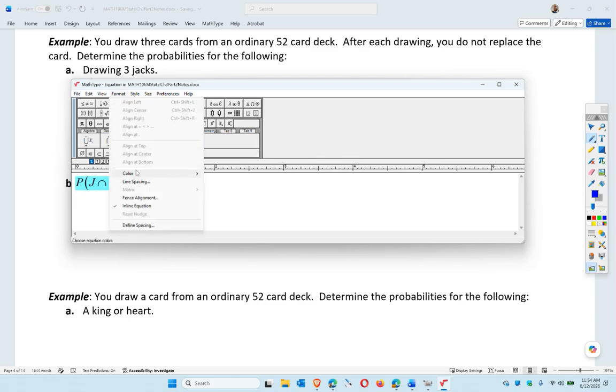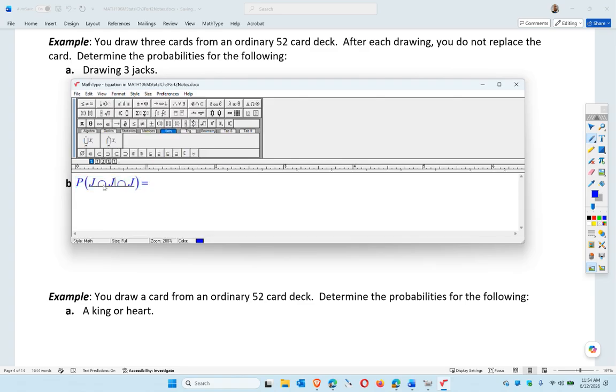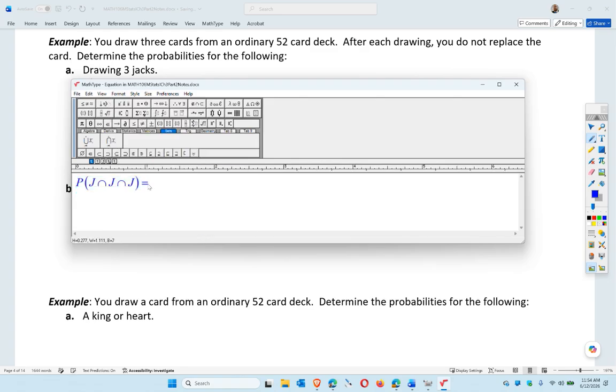Since it's an and scenario, this is multiply. Can I simply just multiply this? Put a multiply sign there, jack times jack times jack. Are these independent events? No, because there's no replacement.